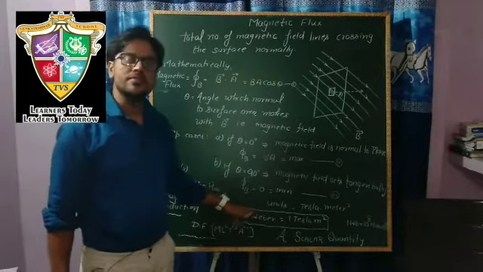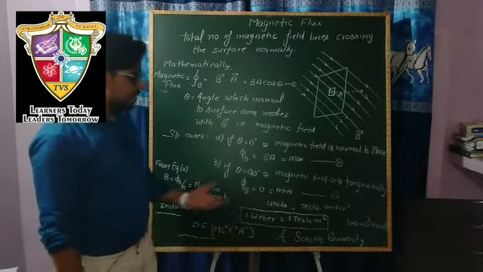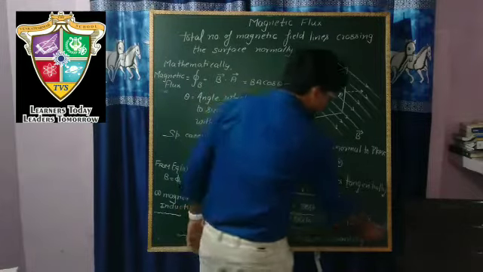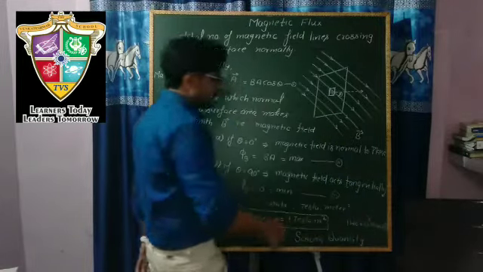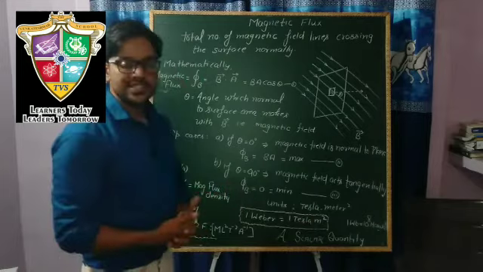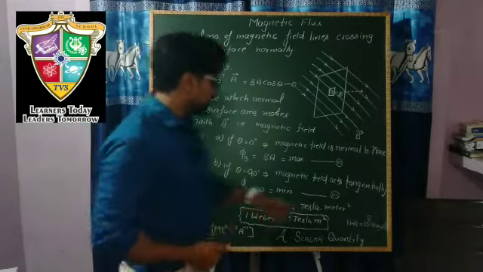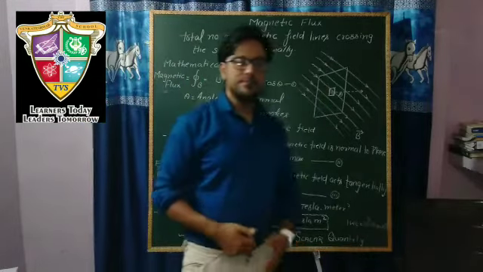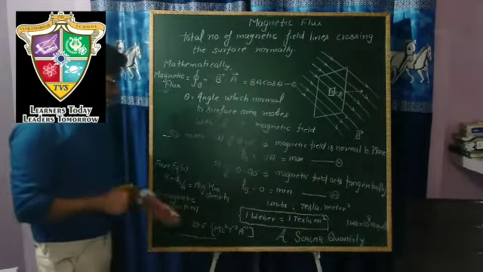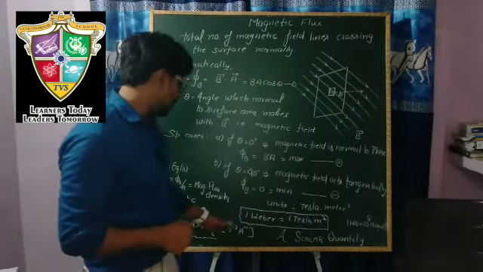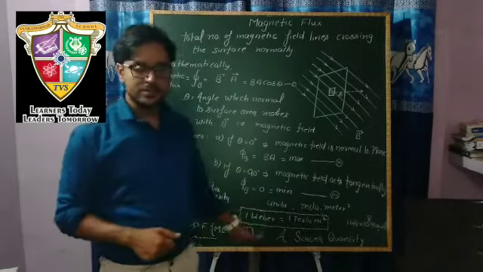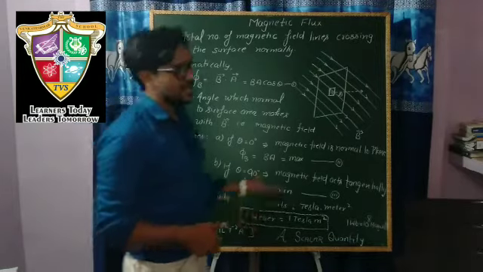It is said to be 1 Weber. In CGS the unit is Maxwell, and 1 Weber is equal to 10 raised to power 8 Maxwell. The dimensional formula is ML^2 T^-2 A^-1, and it is a scalar quantity.